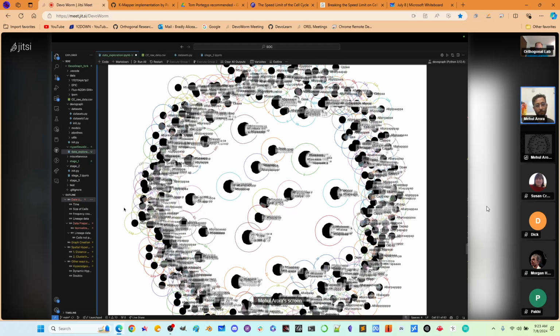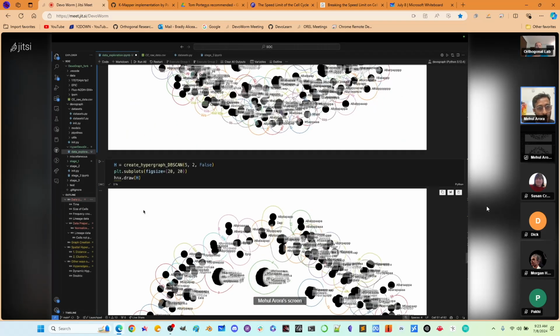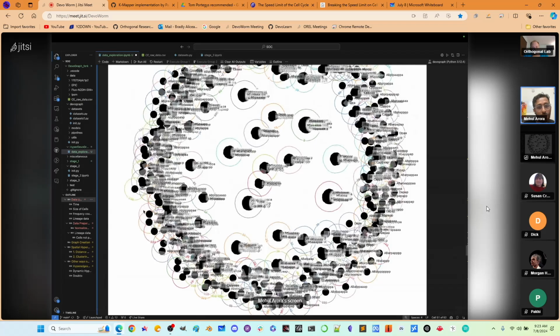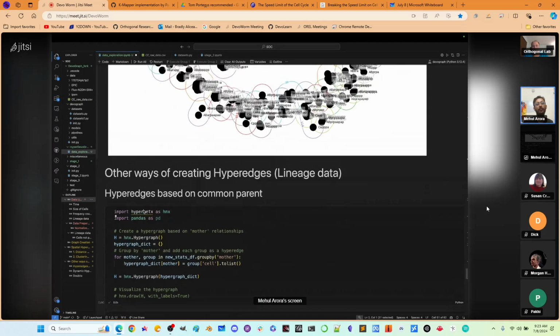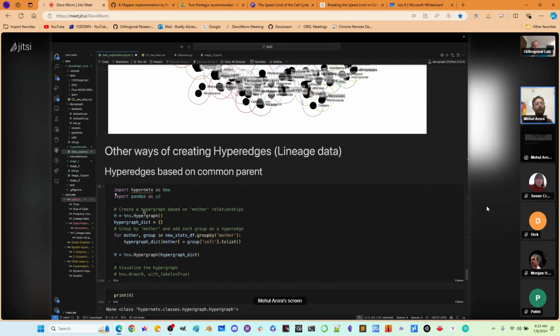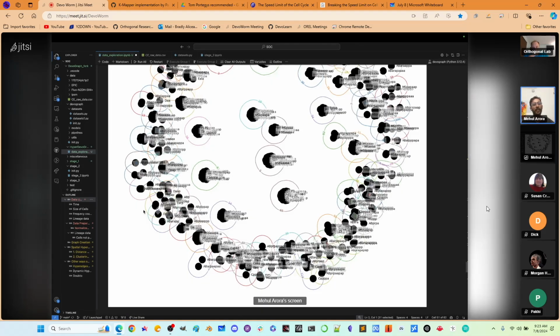Okay, this is something I tried. Yeah, this is the false one. So this is all I tried about the spatial hypergraph. If we are good with it, I can create a proper API for pushing the code and all.